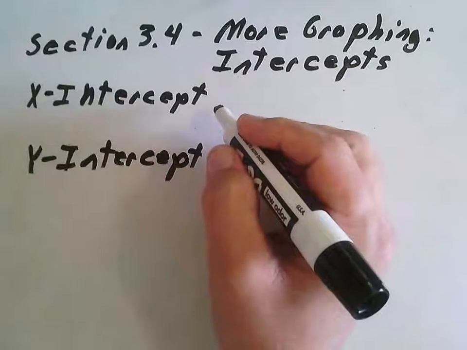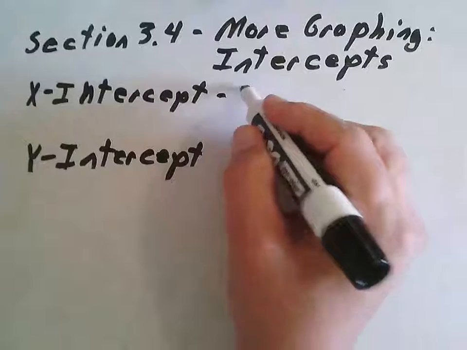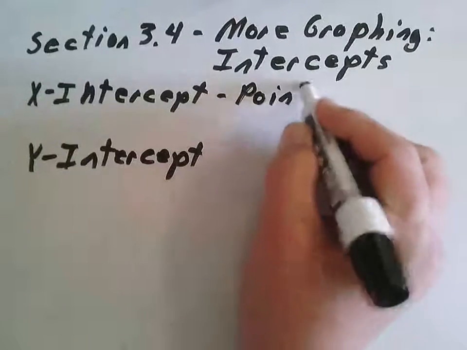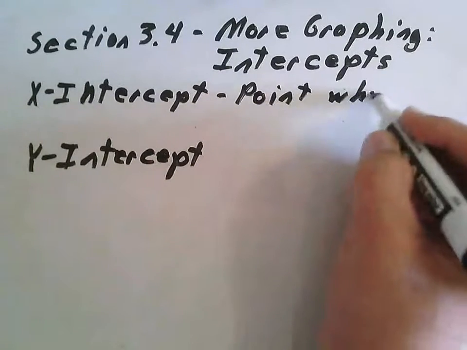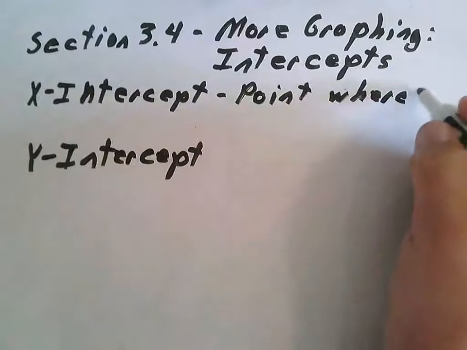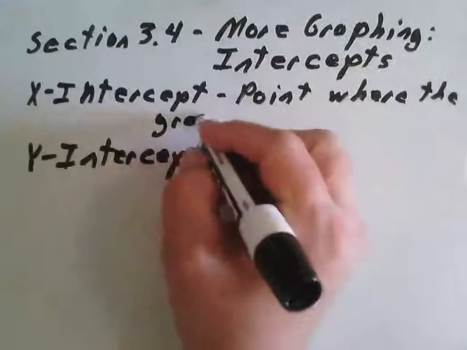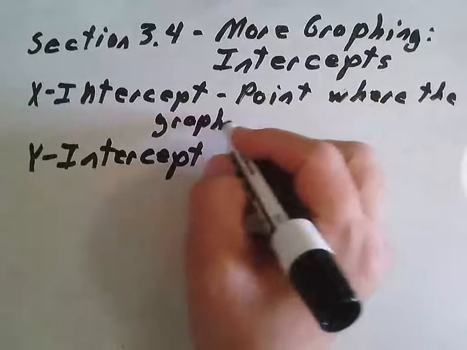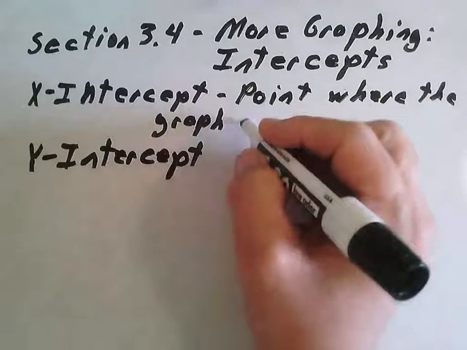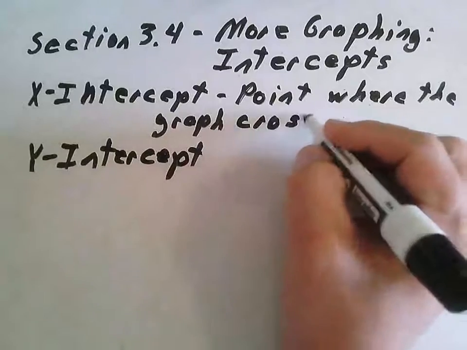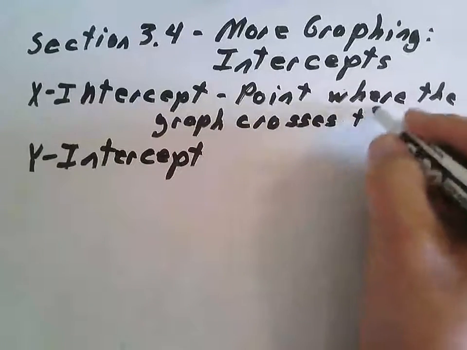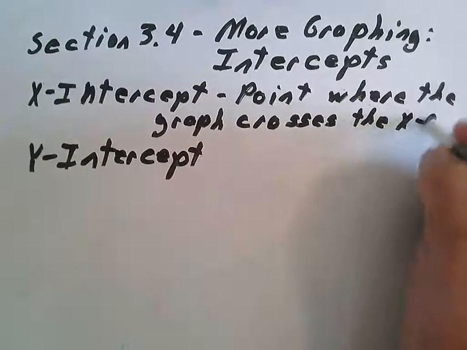And basically, the X intercept is the point where the graph crosses the X axis.